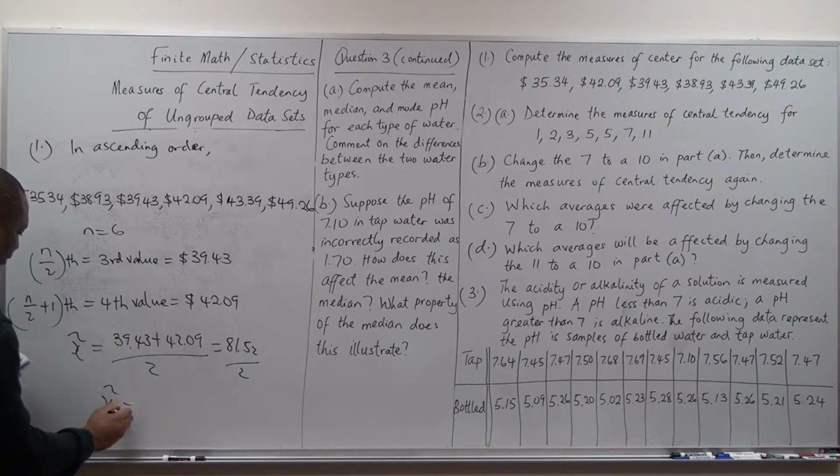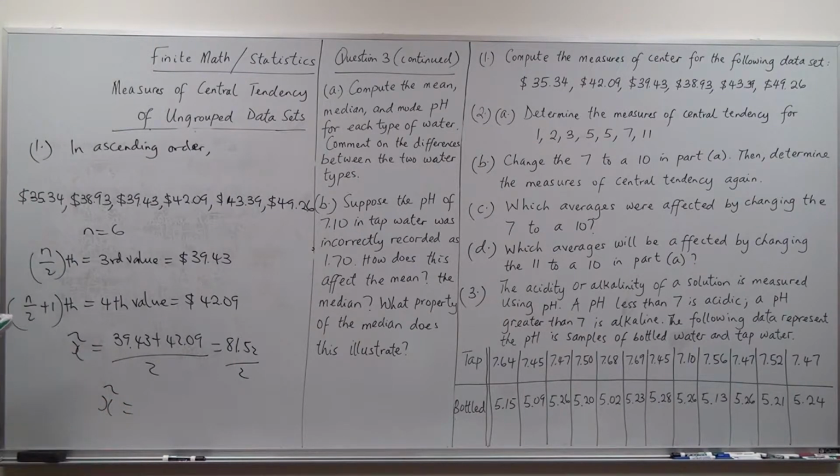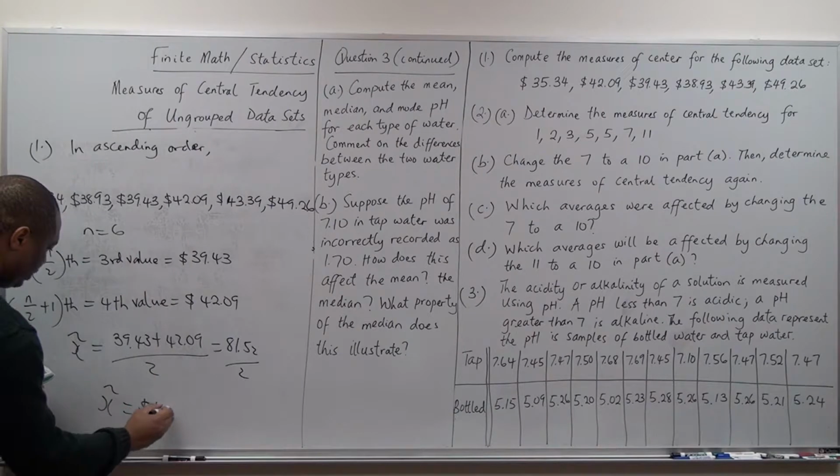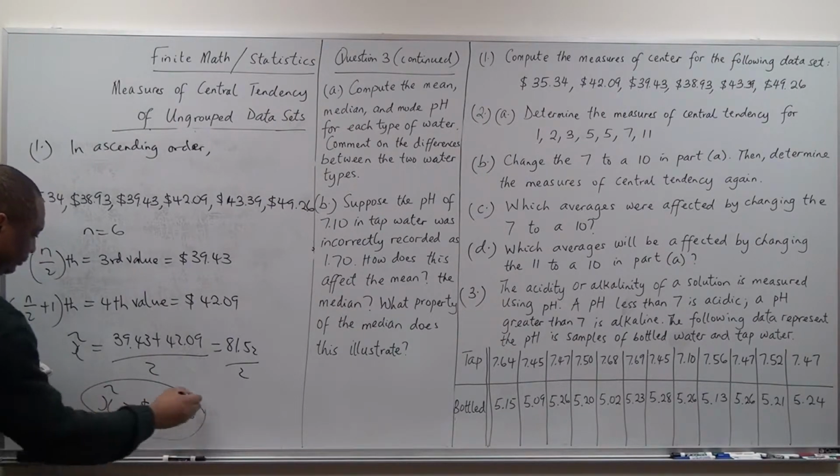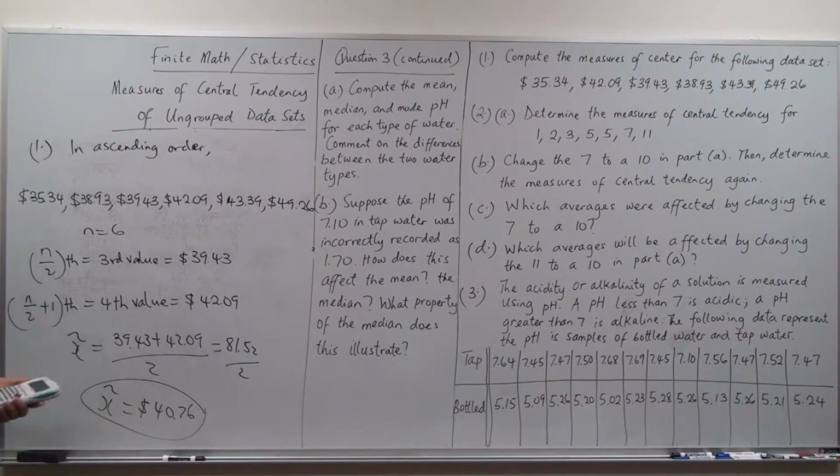Let me do it again, because it's good to do it twice, like I said. $40.76. $40.76, the median.